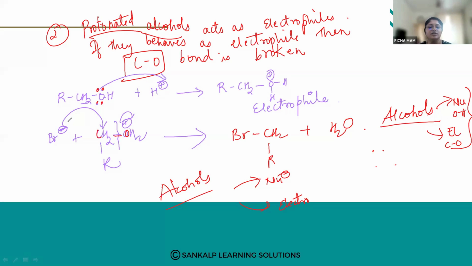Alcohols and phenols are divided into two groups based on this. First is the reactions involving cleavage of the O-H bond.